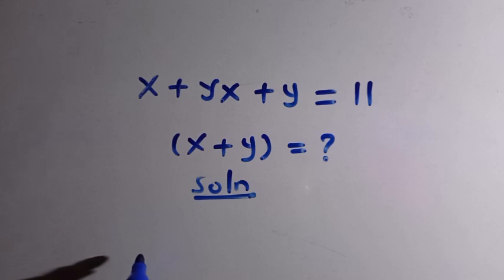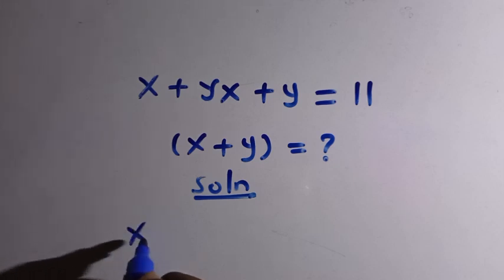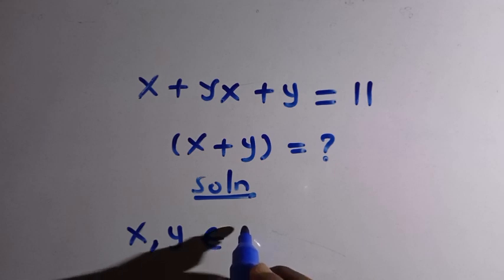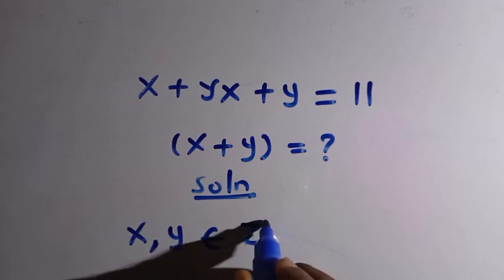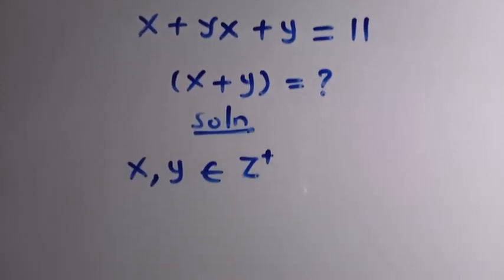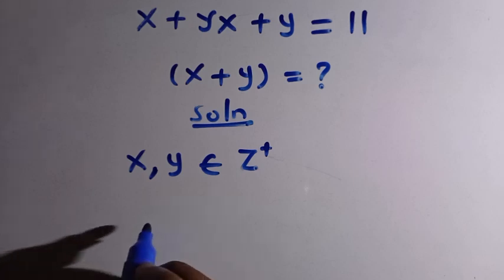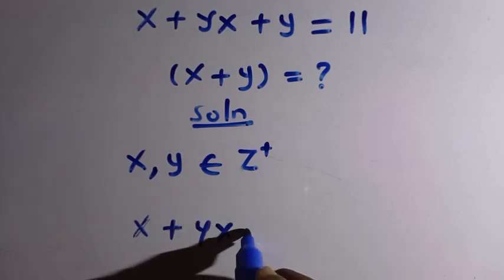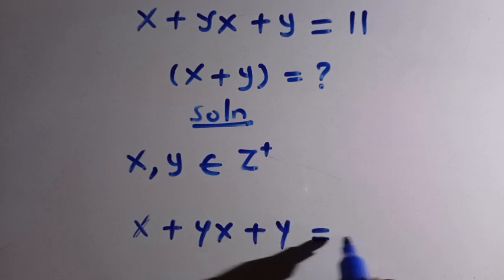We have to note something here: x and y are members of positive integers only. So we have to restrict this to positive integers for now. And from the given question, we have x + y + xy = 11.